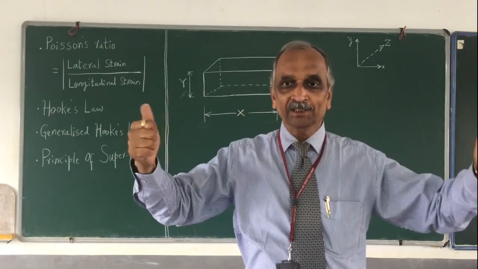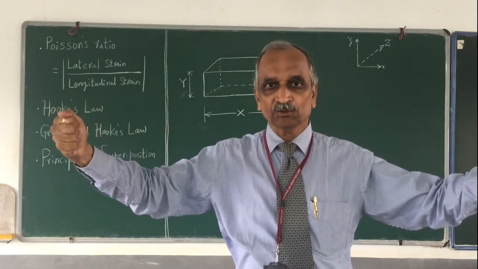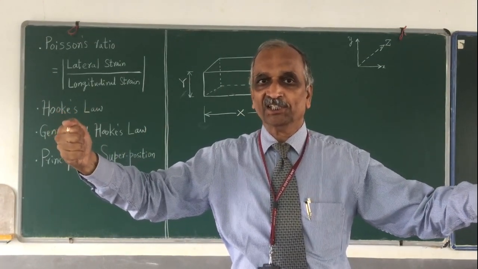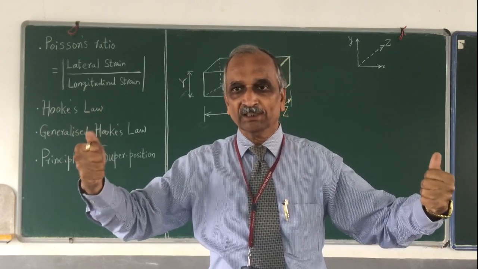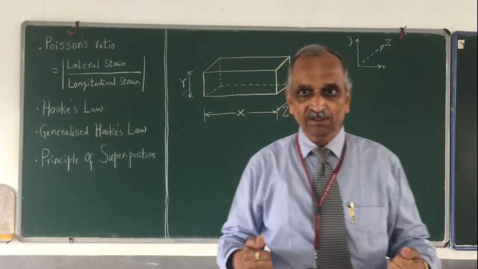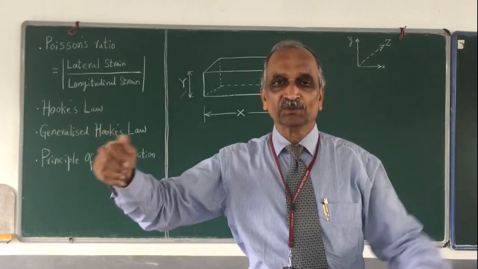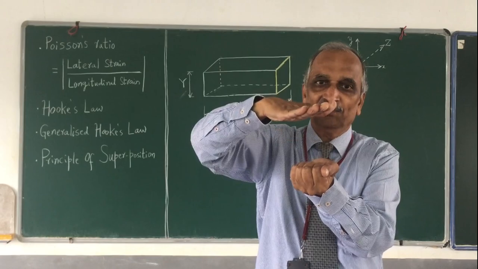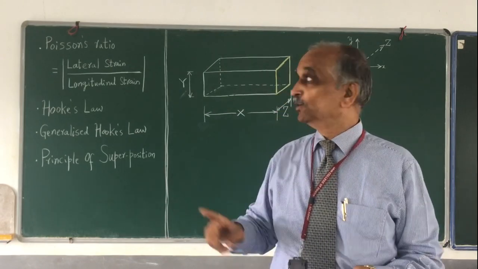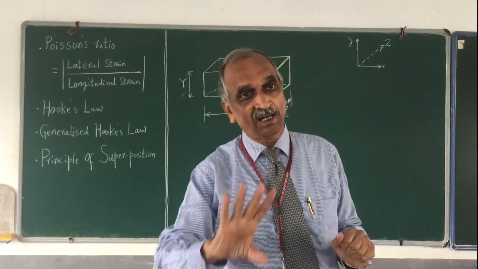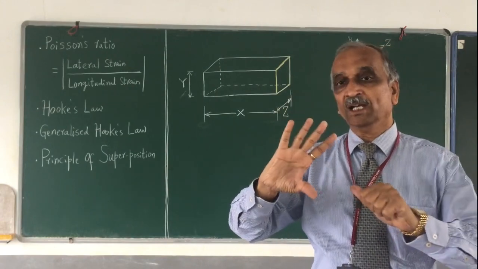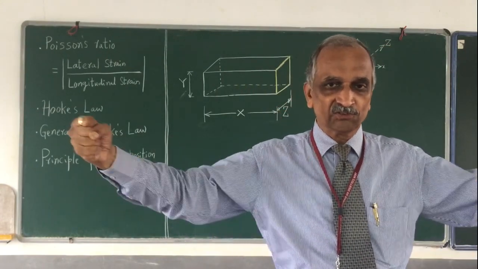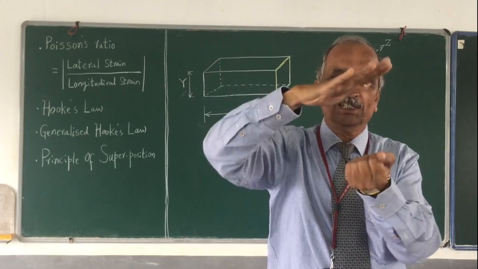You have a bar, you pull it, and its length is going to increase. Its length has increased, therefore I call it a positive strain. In the lateral direction the diameter has decreased, and therefore there is a negative strain. So remember, longitudinal strain and lateral strain are always opposite. If longitudinal strain is positive, lateral strain is negative.